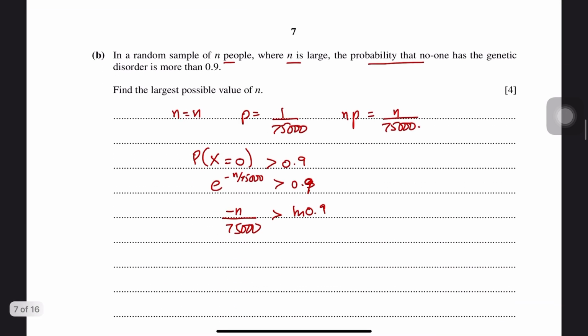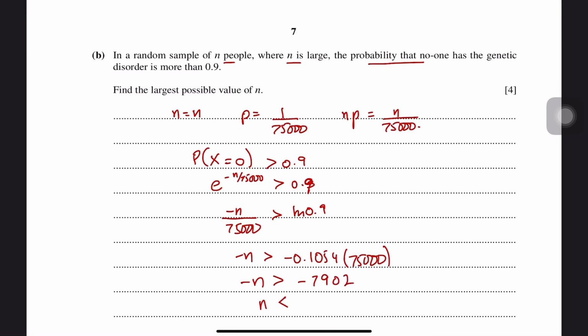ln e is 1 and the ln of 0.9 is... okay, multiplied by 75,000 gives me minus n is greater than minus 7902.